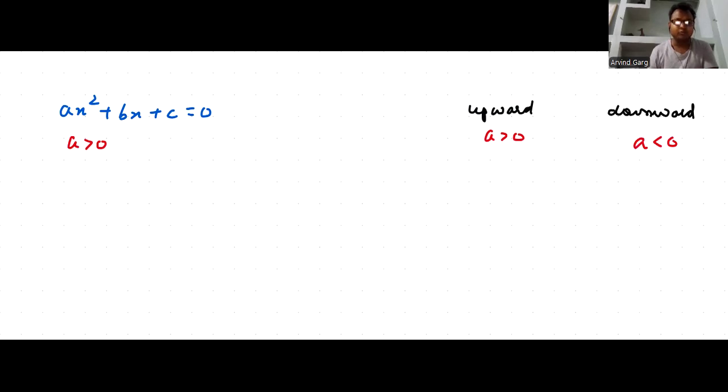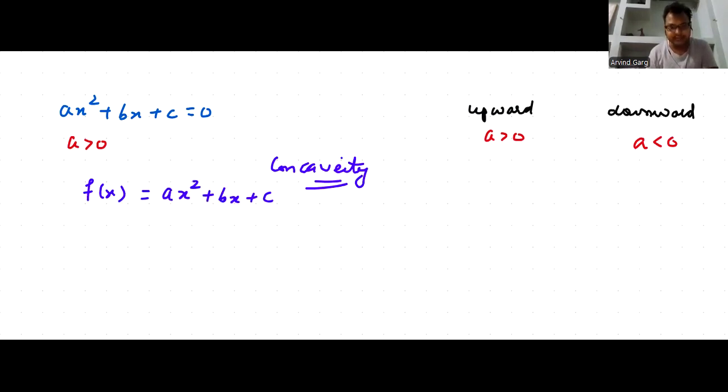Now, where does it come from? All right. Now, let us discuss where it comes from. Okay. The concavity is decided with the help of the double derivative. Let us consider we have a function, a simple polynomial as we have discussed. First of all, f dash x, the first derivative, is 2ax plus b.